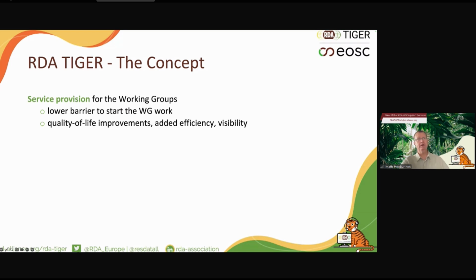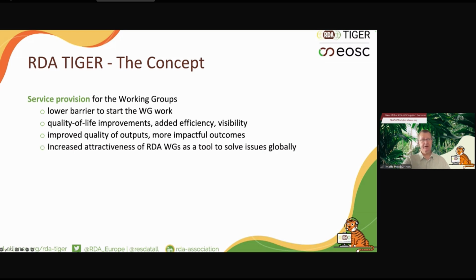And then once the working group is running, you have quality of life improvements, in a way, added efficiency and visibility. As for quality of outputs, the project doesn't provide expert support directly, but whenever you are working with a document, having an additional pair of eyes looking into the text already helps quite a lot.